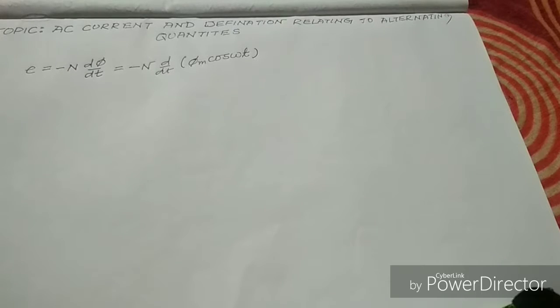So we know that there are some alternating or changing quantities with respect to time. Lenz's law and Faraday's law say that when an electrical field and magnetic field move relatively, then current is produced.